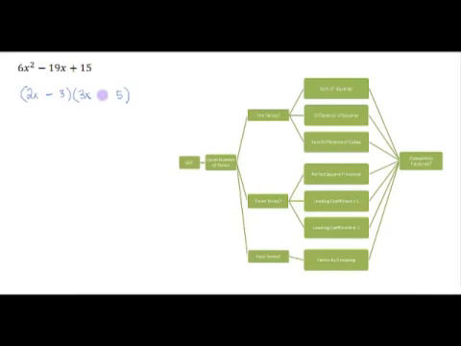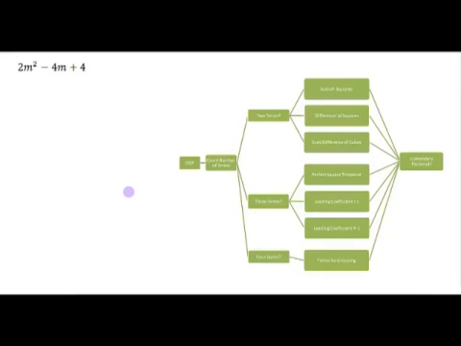So we'll put a negative and a negative. Let's try checking the middle. We have a negative 10x here and a negative 9x. And that makes a negative 19x, which is exactly what we want. Alright, is this completely factored? Well, I have no exponents left, so there's no chance of factoring that anymore. So we are finished.